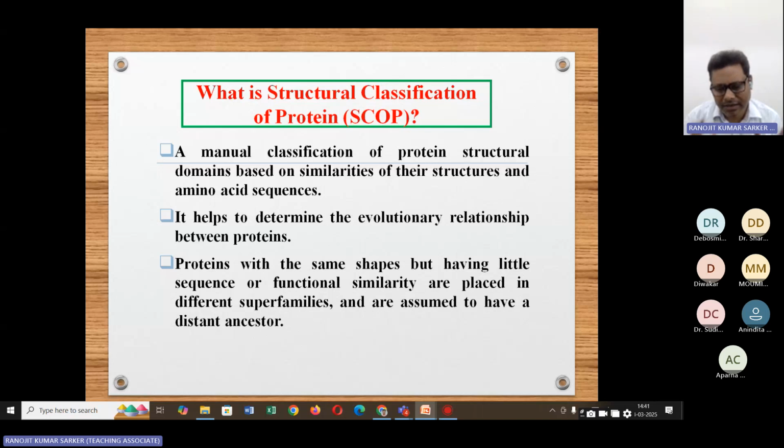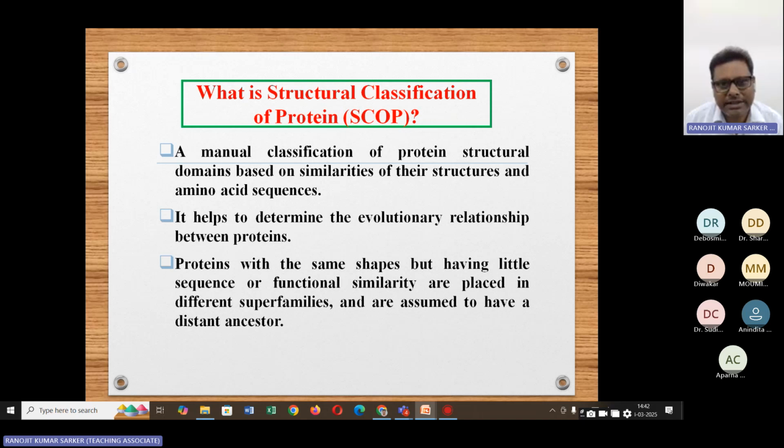Actually, they are manually classified, and this classification is based on similarities in their structure as well as amino acid sequences. That means this classification considers both the sequence and structures, the amino acid sequences as well as three-dimensional structures.